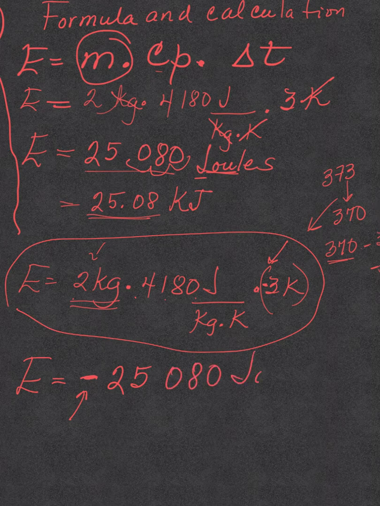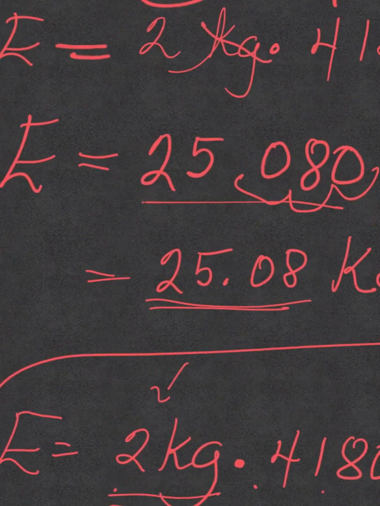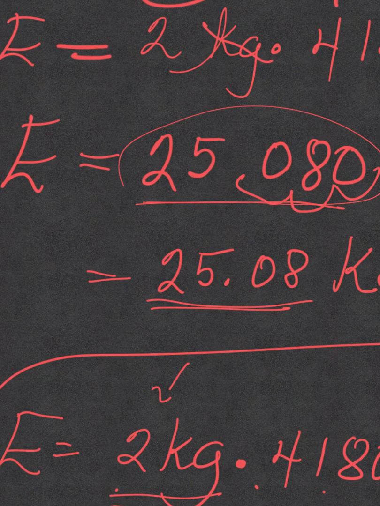25,180 joules. Remember what the negative means? That the energy was released. Remember on the other problem, see, that we have a positive number. What does that mean?